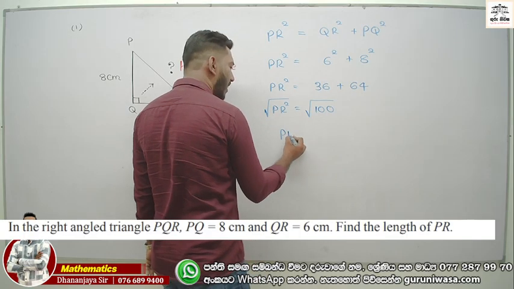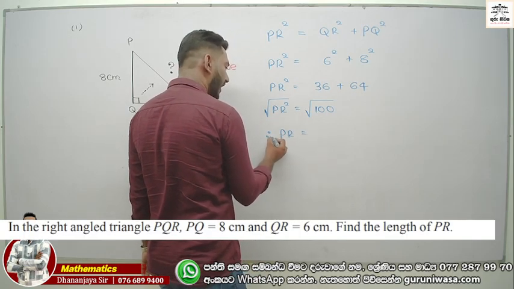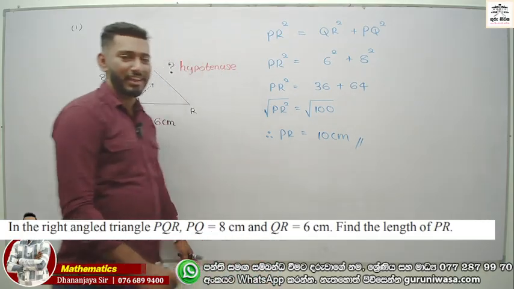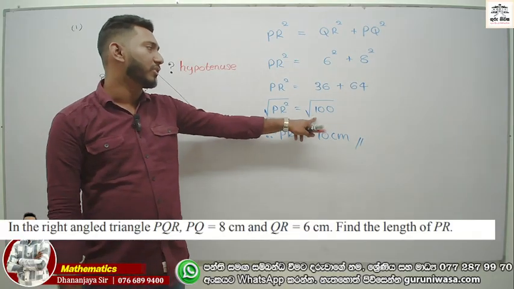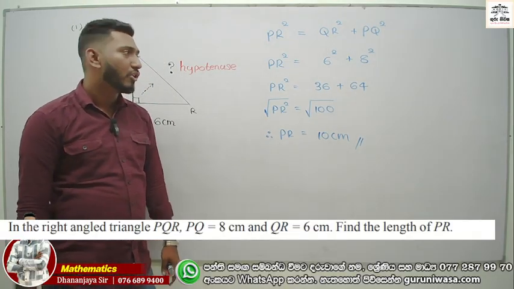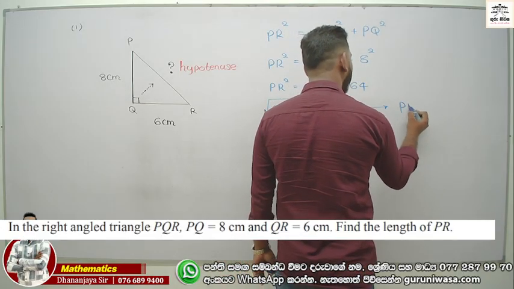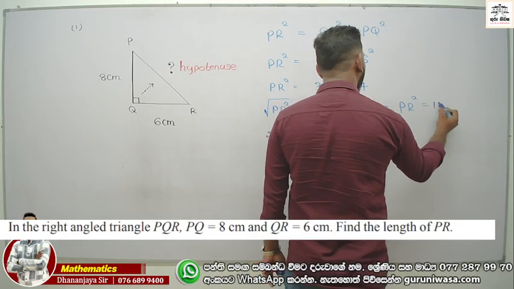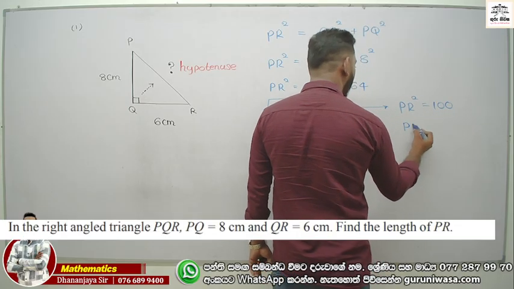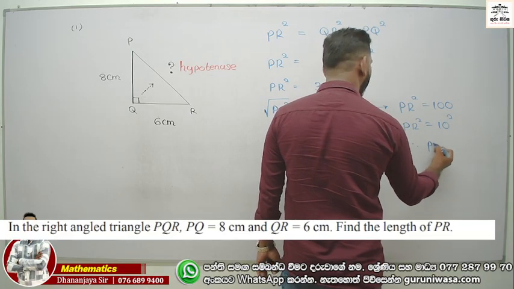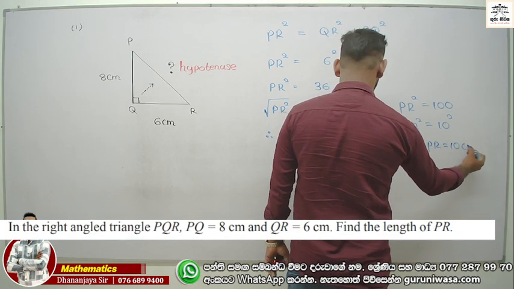PR should be 10, because the square root of 100 is 10. Or you can use the other method also. PR square is 100. Therefore, PR square is equal to 10 to the power of 2. Now you can write PR is 10 cm.